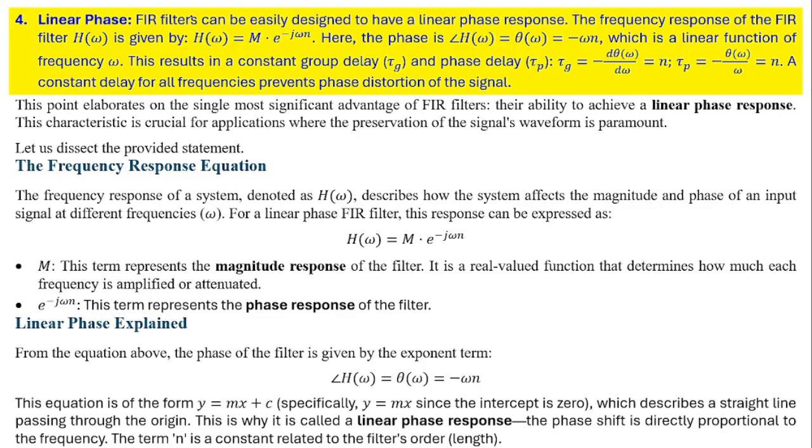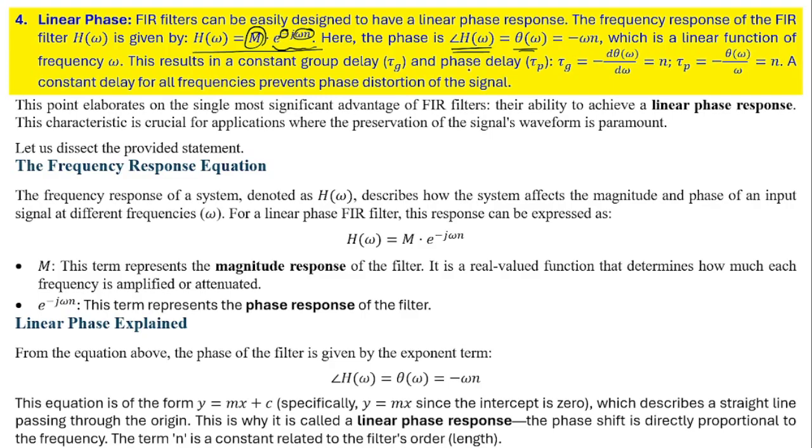The frequency response of an FIR filter is given by H(ω) = M(ω) multiplied by e^(jθ(ω)), where the phase angle of H(ω) is given by θ(ω), which is equal to minus ωn. The amplitude response is separate, and the phase component is separate. So we have been able to separate the magnitude response and the phase response. That is the first thing.